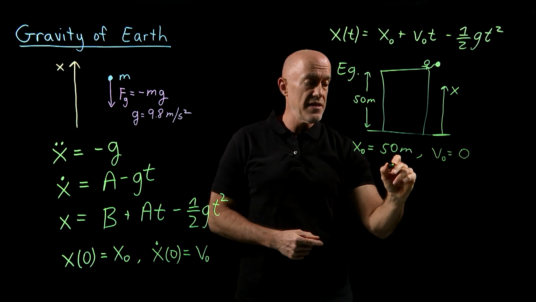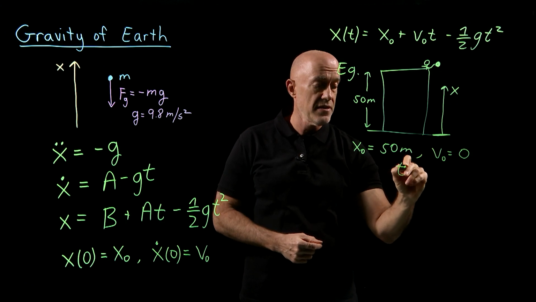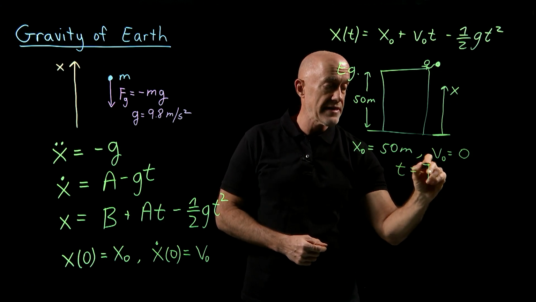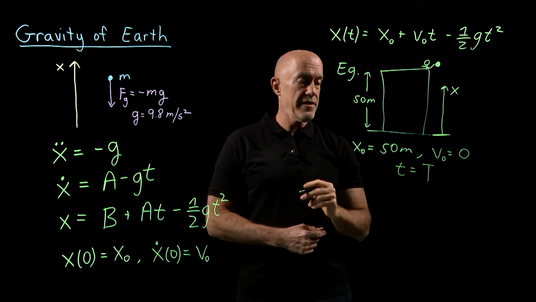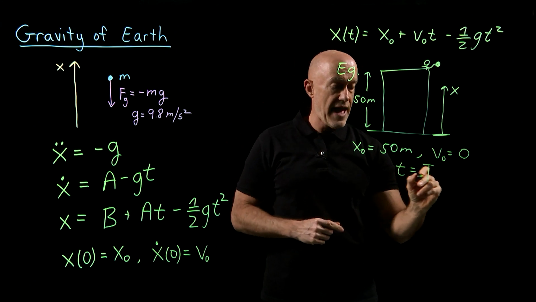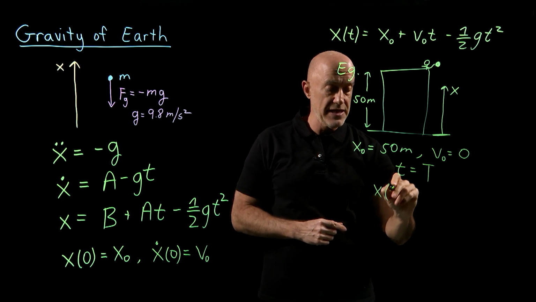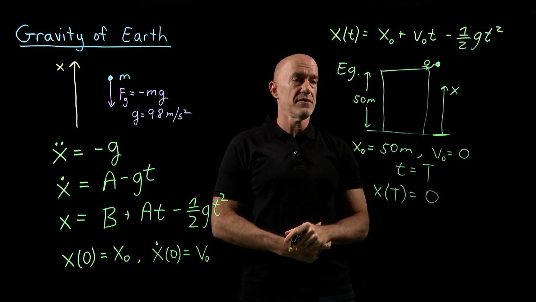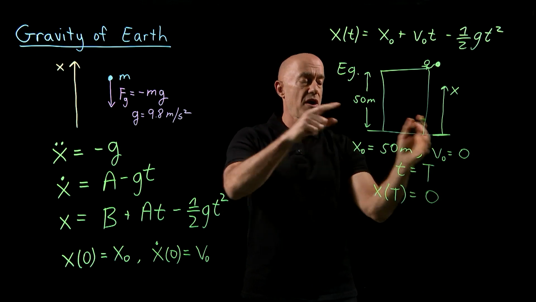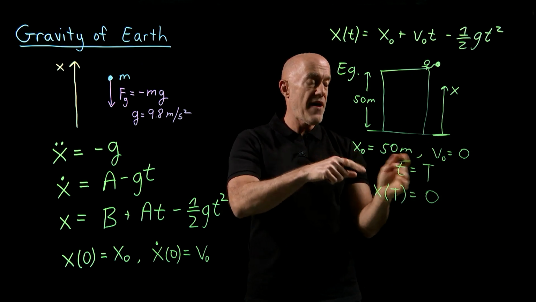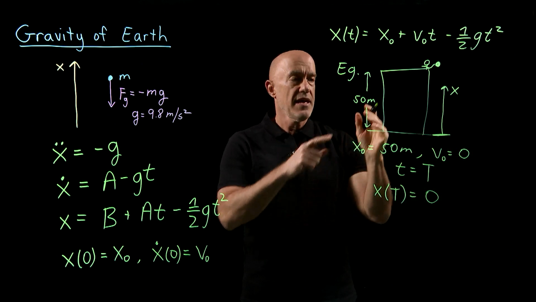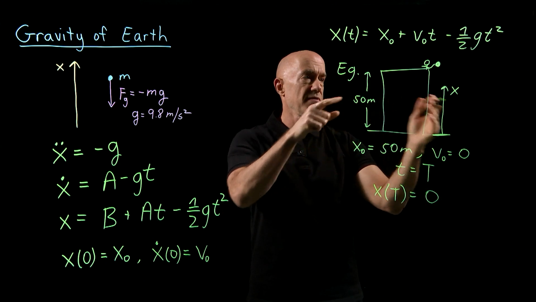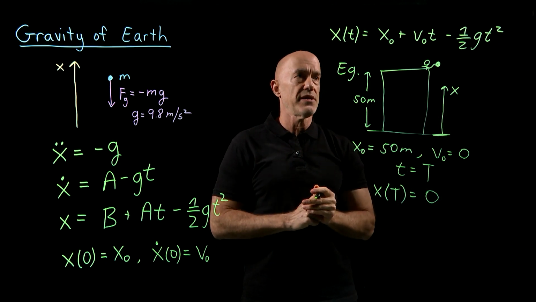And then finally, the time it takes to hit the ground, I'll call that capital T. So at capital T, we're going to hit the ground, so x will be 0. So these are our values of the parameters and the function itself for our hypothetical situation.